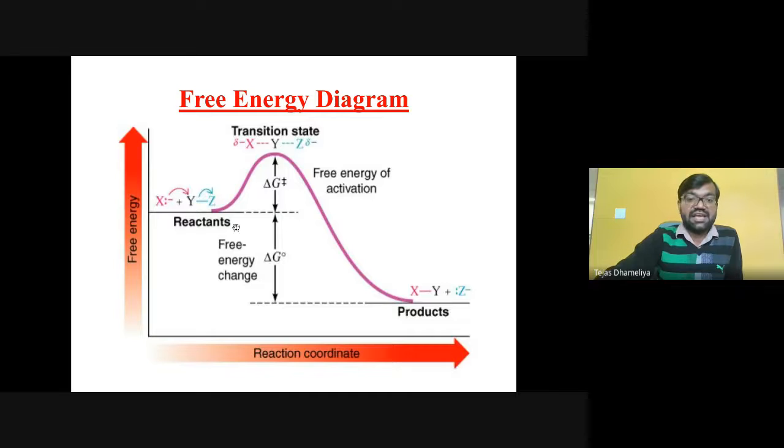So this is free energy change. What is delta G? Delta G is the difference in the energy of the reactants and of the products. But energy of activation is the difference between the energy of reactants and that of the transition state.